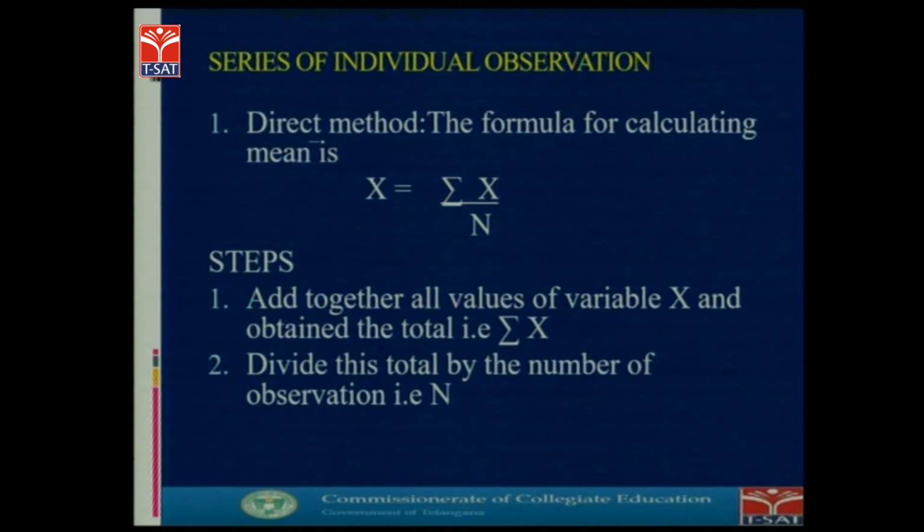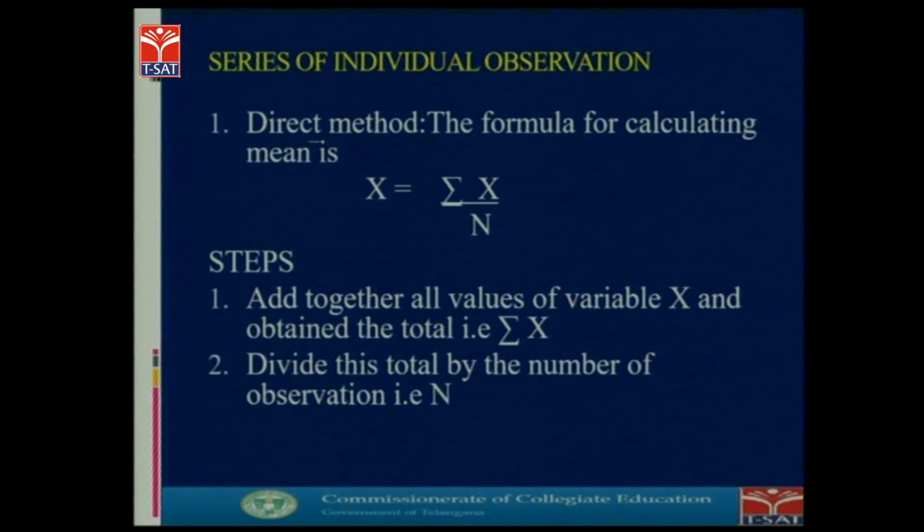We'll see the calculation of mean in individual series. The formula for calculating mean in individual series is x bar equals sigma x by n. And the steps for calculation is, first we have to add up all the values of x, then we have to obtain it as sigma x.